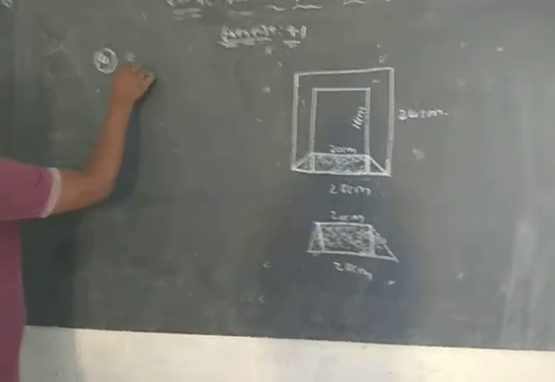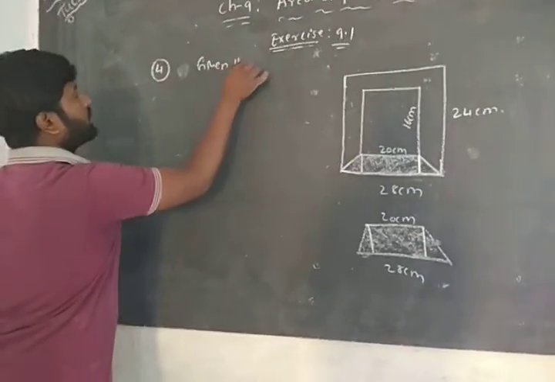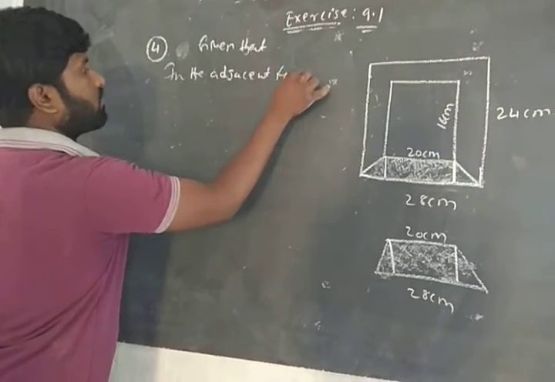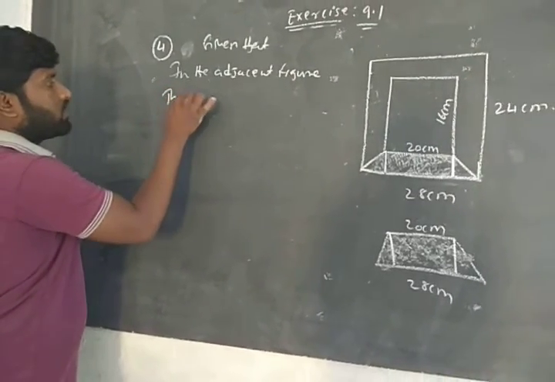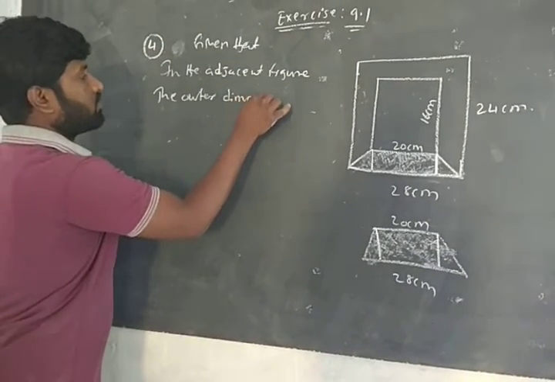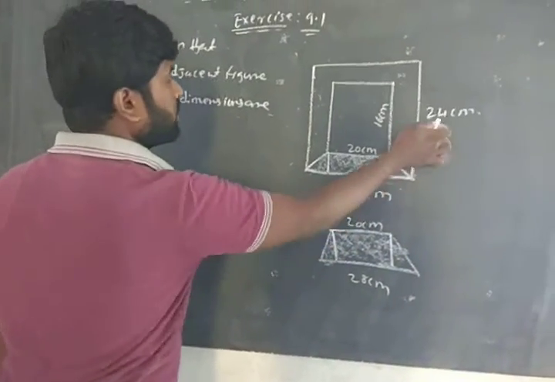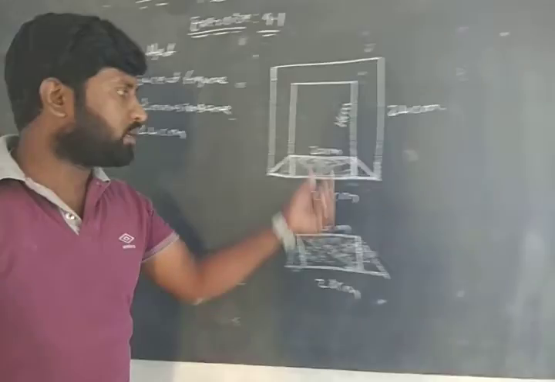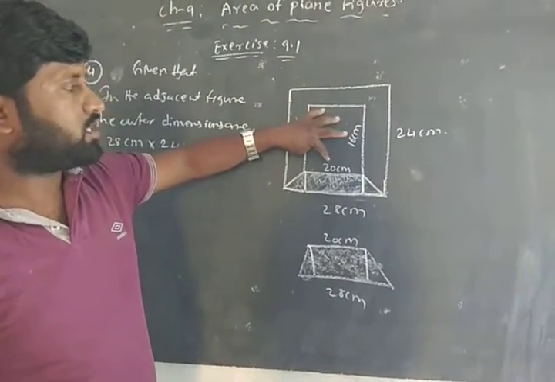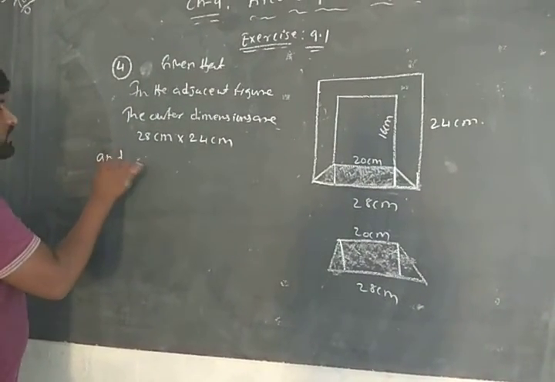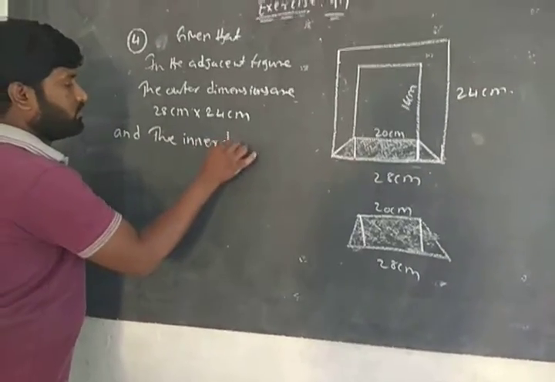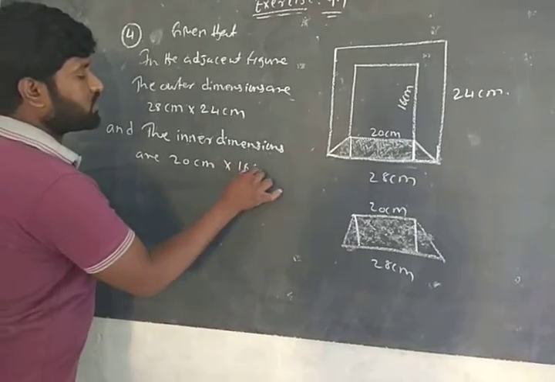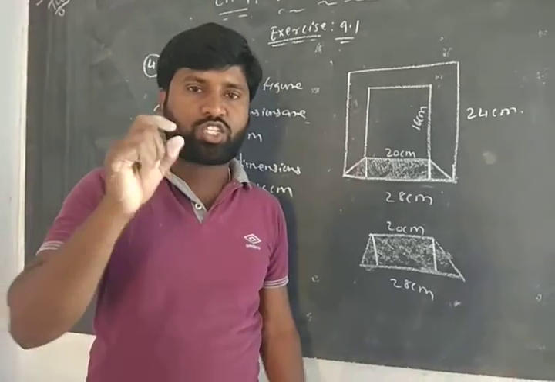In the adjacent figure, the data is given: the outer dimensions are 28 centimeters into 24 centimeters, and the inner dimensions are 20 centimeters into 16 centimeters. Then find the area of the shaded part.